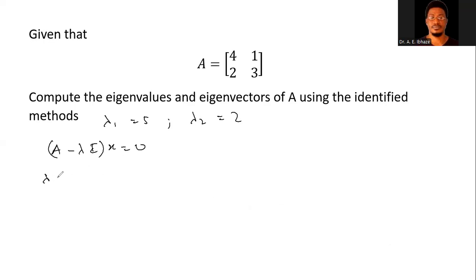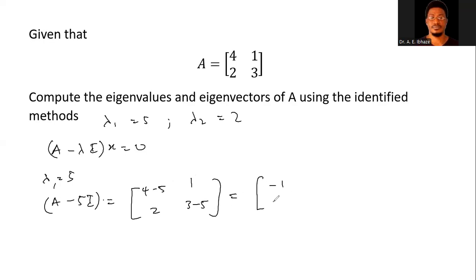So when lambda is 5, we have A minus 5 times the identity matrix, which is 4 minus 5, 2, 1, 3 minus 5, which is minus 1, 2, 1, minus 2. And then this should be equal to 0.